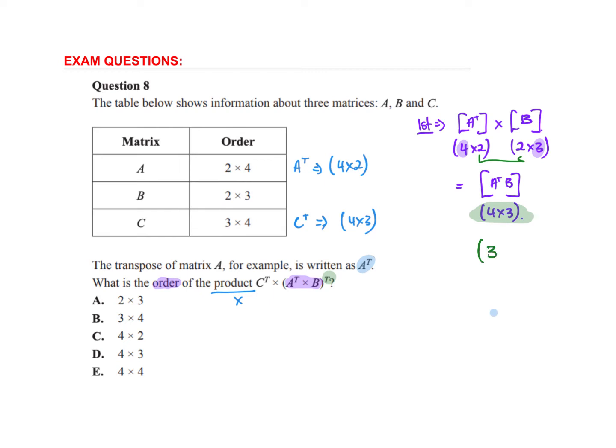So if I transpose that one, it's become a 3 by 4. All right, so we've done all that bit now, and so now we've just got to multiply the C in front of it.